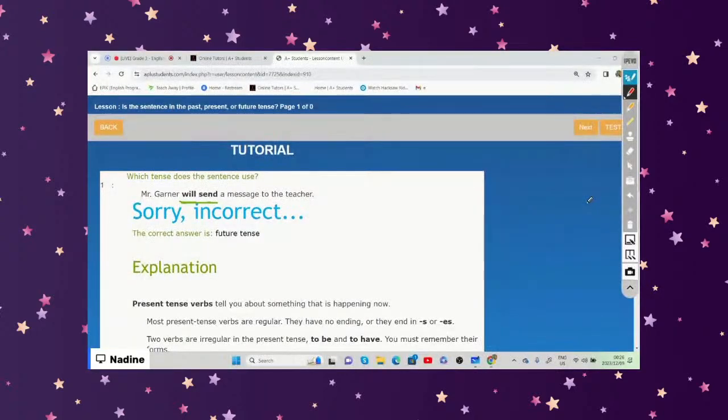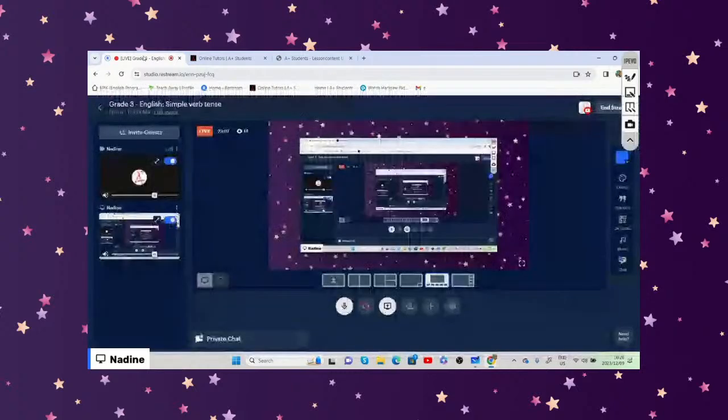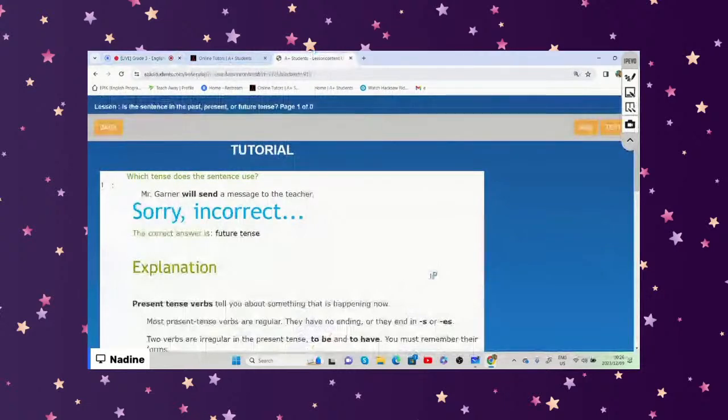Tense, does it show the past tense or does it show the future tense? All right, so if we look at this specific sentence, it says Mr. Garner will send a message to the teacher.